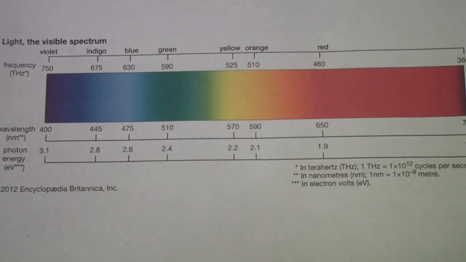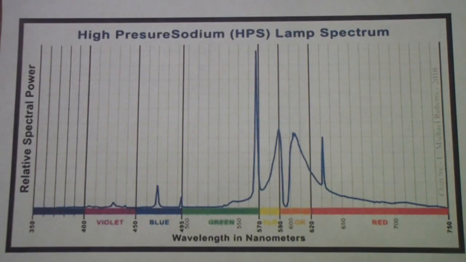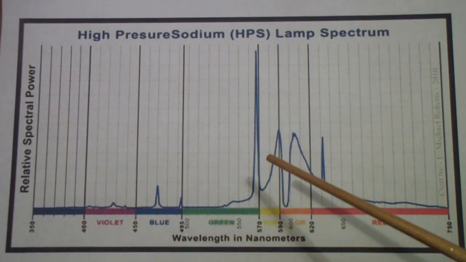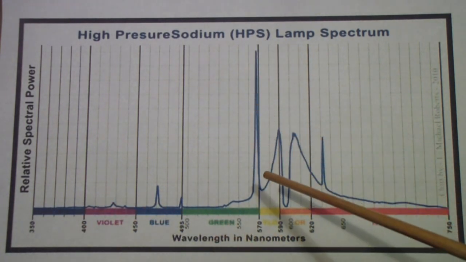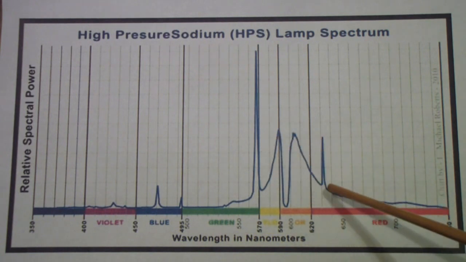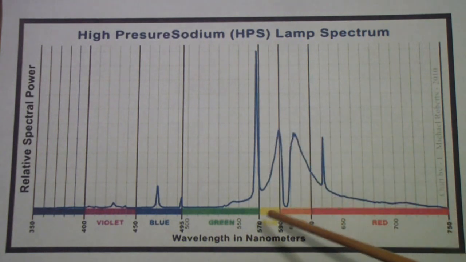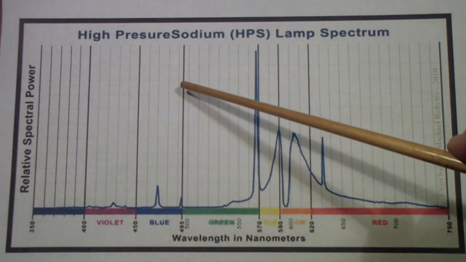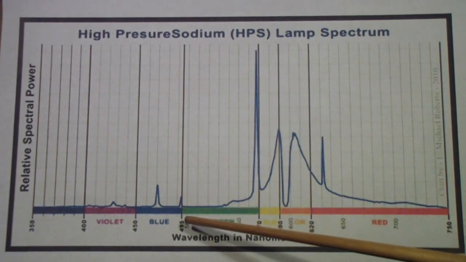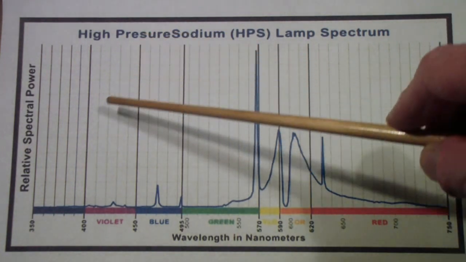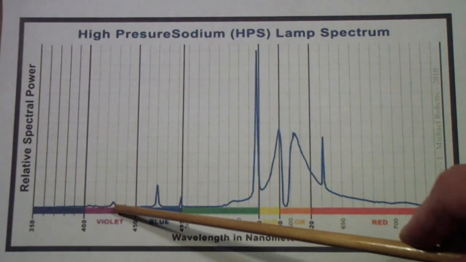So why do we care about this spectrum, other than the fact that this is what our eye sees? This is the spectrum of a high pressure sodium lamp. Once again, red on the right, violet on the left, and you notice that there are some peaks. By the way, these lines just show a particular wavelength, but this is the spectrum.